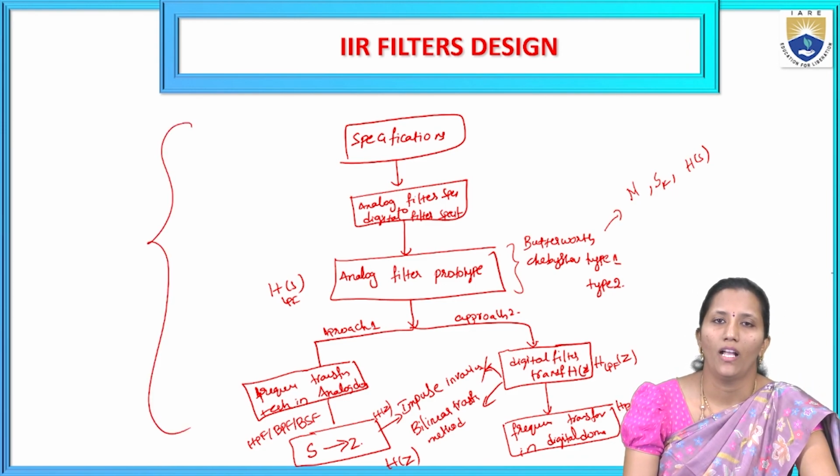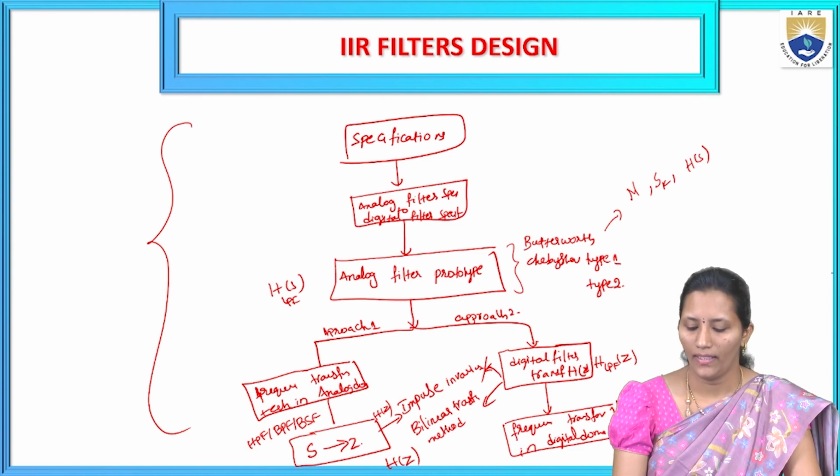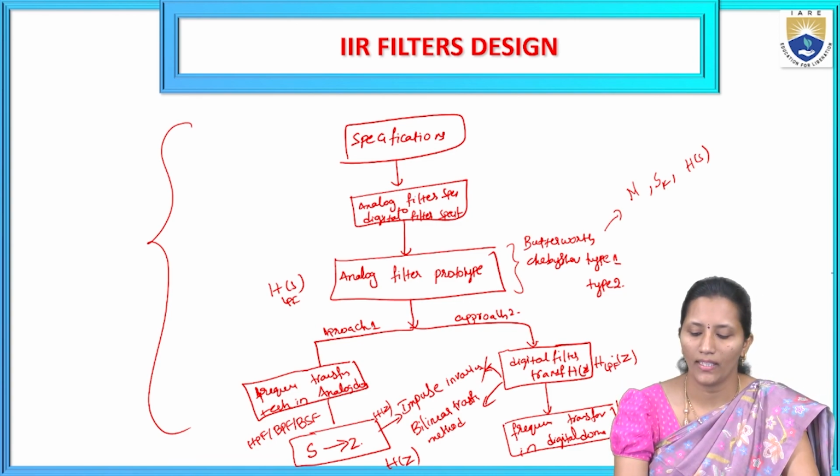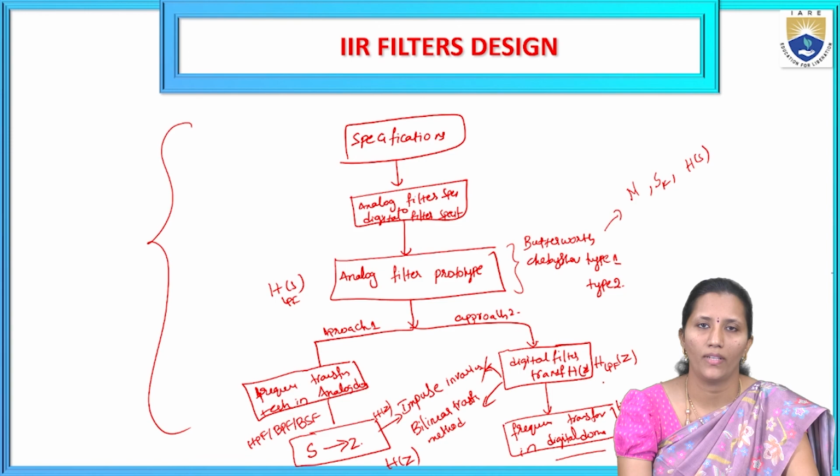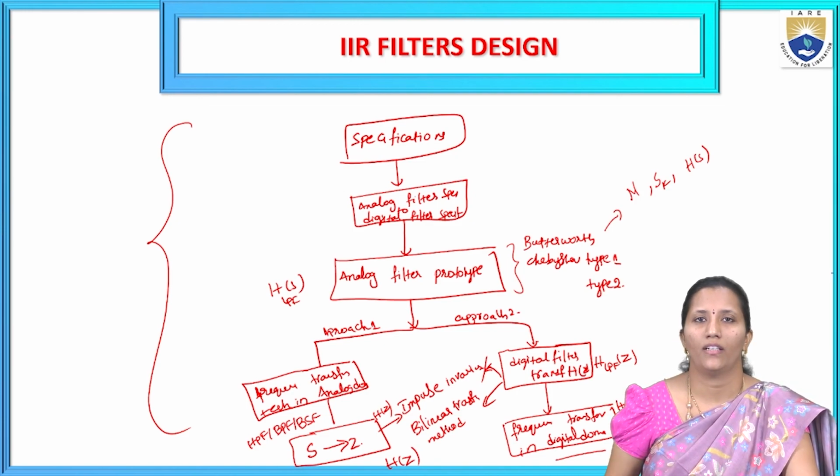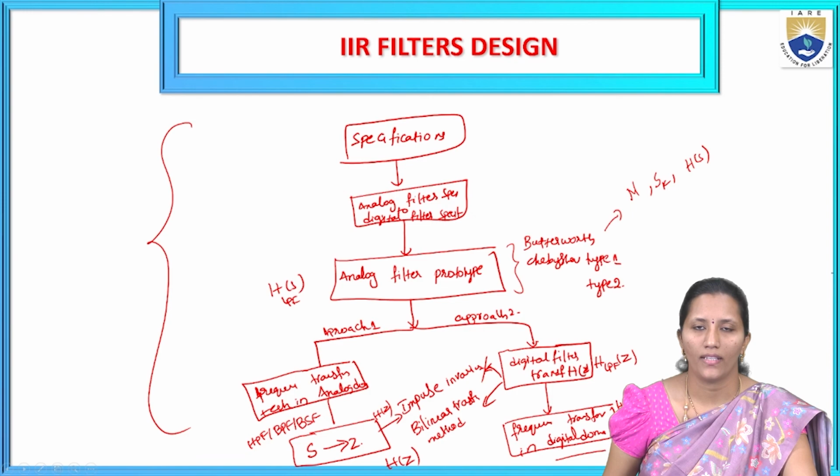After designing the low pass digital filter transfer function, we apply the frequency transformation in the digital domain to convert the low pass filter transfer function into a high pass, band stop or band pass filter transfer function. So these are the basic design steps for IIR filter designing.